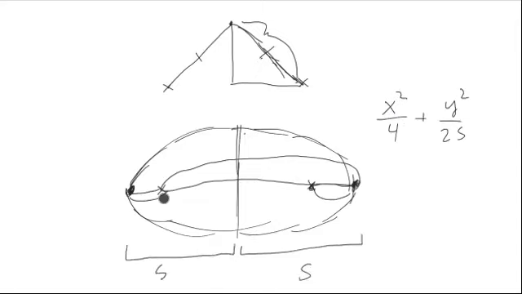So it looks like the whole string all the way across would be 10, since we're going from here to here and then back to here.